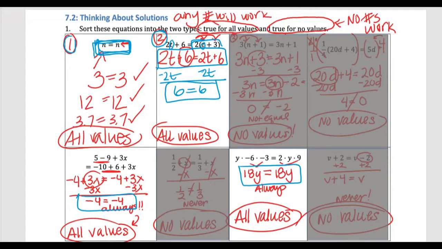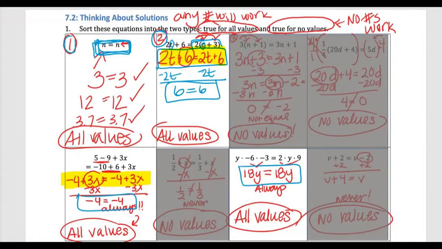I'm going to back up even a little bit more. Take a look right here. Is the left side and the right side actually exactly the same? It is. 2t plus 6 equals 2t plus 6. Let's back this up. Right here. Negative 4 plus 3x equals negative 4 plus 3x. Exactly the same on both sides.